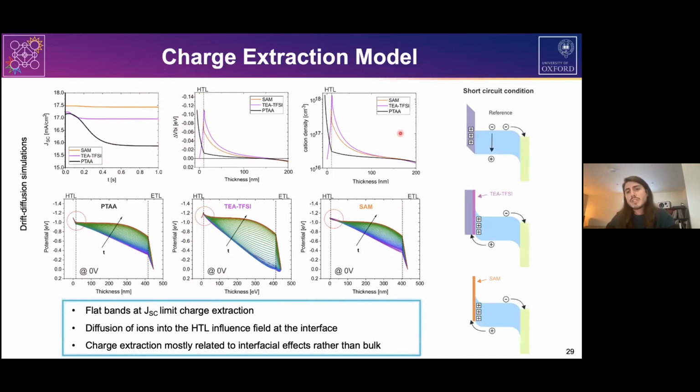So we ended up with such a situation, just to schematically represent it: in the PTAA case, we have an accumulation of ions in the HDL, which would cause a field drop across that layer and flat bands in the perovskite. Whereas when we have this ionic layer or the self-assembled monolayer, we have accumulation of ions in the perovskite, and the resulting field that is maintained in the perovskite can help and promote the charge extraction.